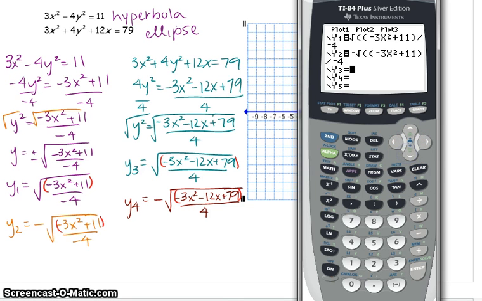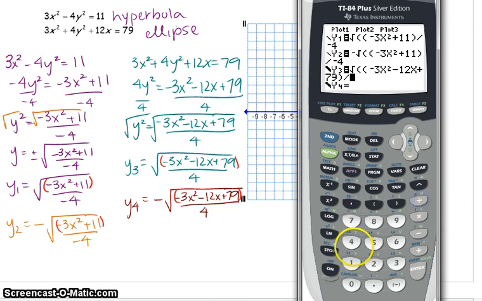Now as we go down to y3, just like last time, I would go all the way over to the left, hit enter, and then go down to y4 and hit enter again. This is just to help you tell the difference between your two graphs. So now let's plug in y3. We have the square root and your parenthesis, negative 3x squared minus 12x plus 79.